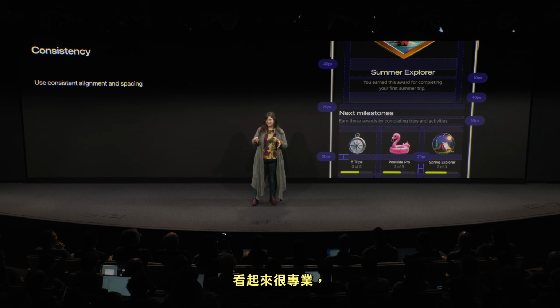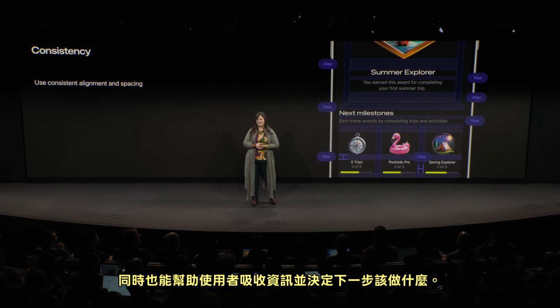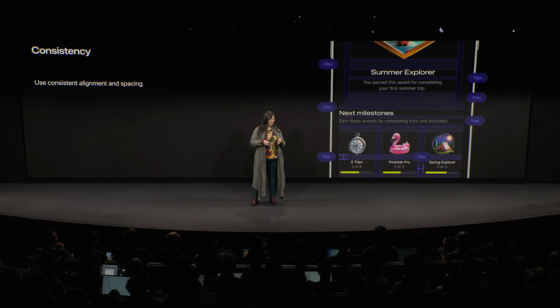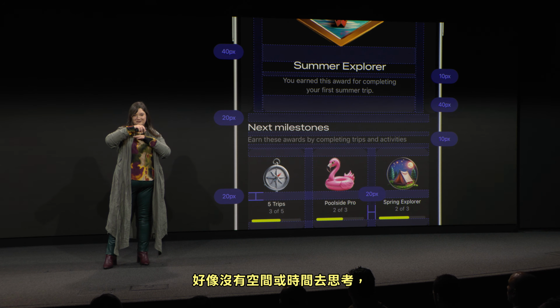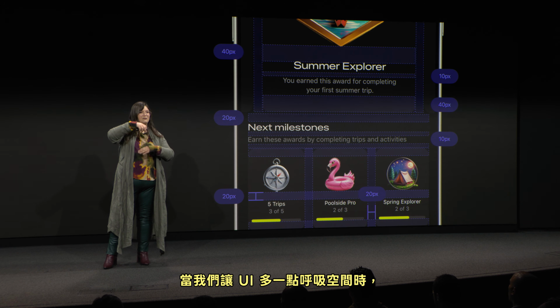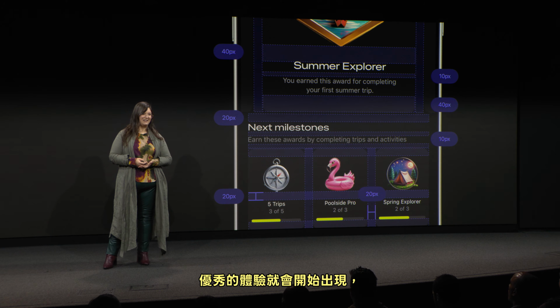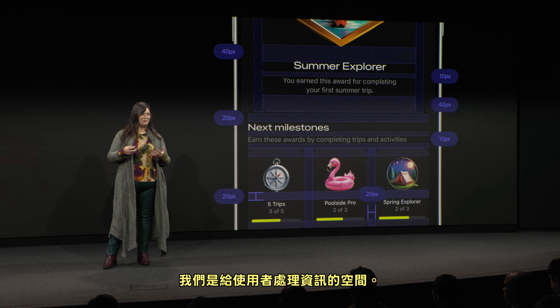It looks professional, and it also supports how people take in information and decide what to do next. If you have a lot of components cramped in a little space, what happens? We feel stressed, like we don't have space to think or time to think. And when we make the UI breathe a little bit more, that's when great experiences start to happen. We're giving people a space to process.